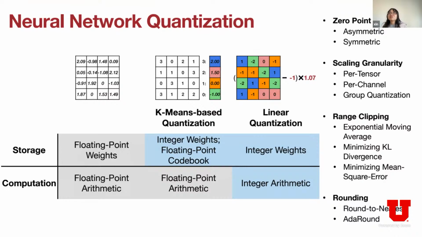In general, finer granularity gives better performance, but it also takes more storage, and to save that, it's possible to use multi-level group quantization.